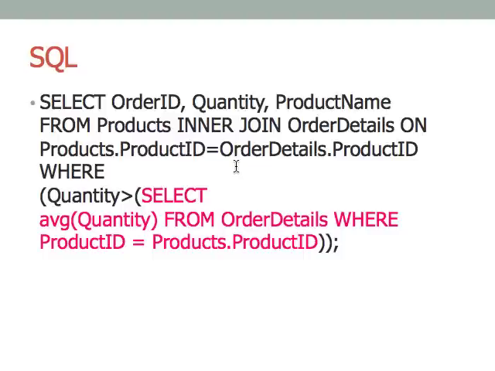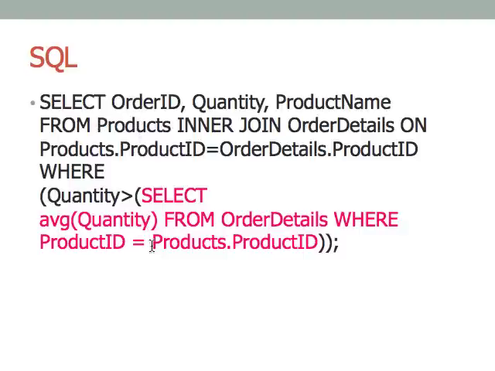So notice here the subquery which says select average quantity from order details, where the product ID equals products dot product ID. So note the reference from the inner query to the outer query, because products dot product ID is not declared in the inner query, it is only declared in the outer query on the from statement.